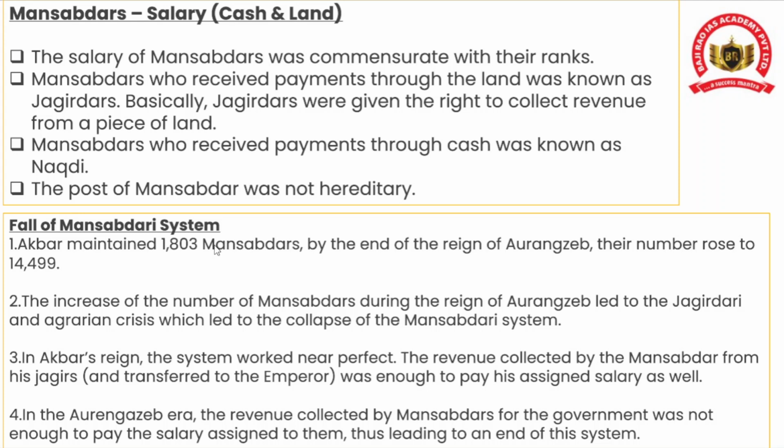As we have already learned, the number of mansabdars under Akbar was around 1800. On the other hand, under Aurangzeb, the number of mansabdars increased to around 14,500. This is a very huge number of mansabdars, and the kingdom had to pay them salaries, either in cash or land.